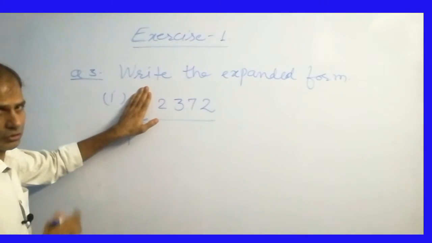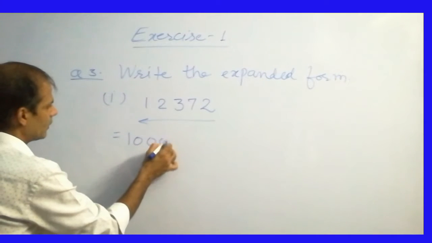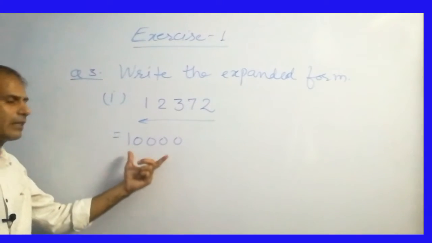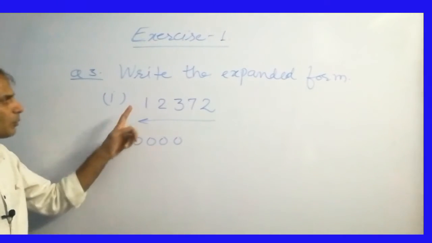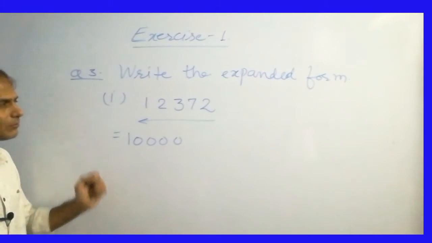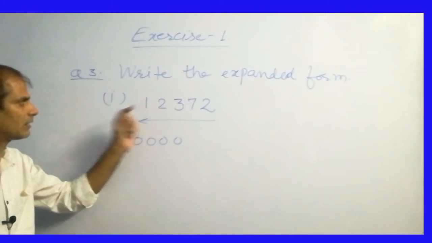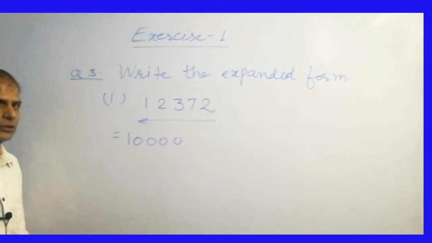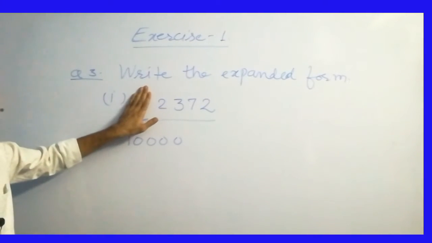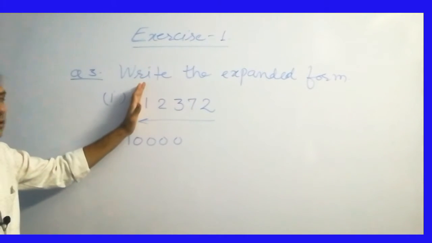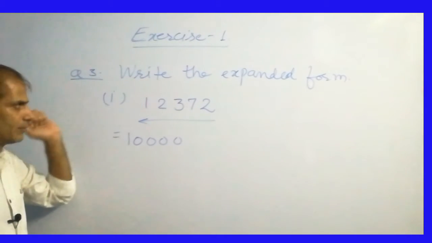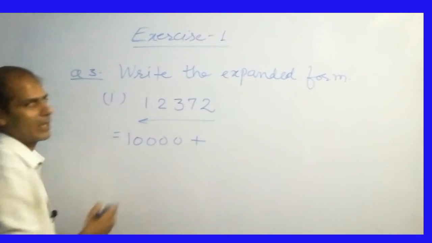So we will write 4 zeros. 1 2 3 4. And finally it is 10,000 because the position of 1 is 10,000. See again, ones, tens, hundreds, thousands, 10,000s, and there are 4 zeros in 10,000. So we will write 4 zeros following 1. Then we will write plus sign.